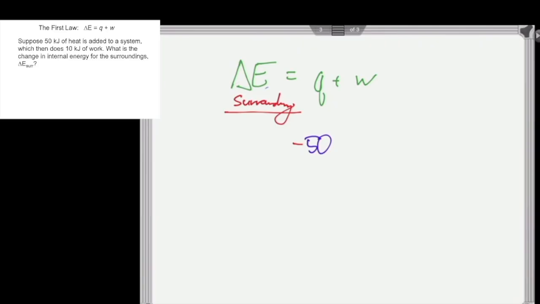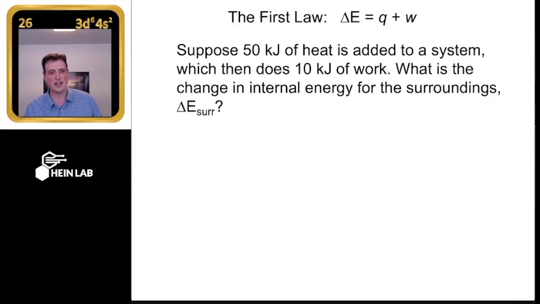And then the system turns around and does 10 kilojoules of work. The system is going to do work on the surroundings. It's going to pick up 10 kilojoules. So overall, with respect to delta E surroundings, negative 40. Okay, so two things. Which is the value? Which is heat? Which is work? Second, what are their signs with respect to whatever you're deciding to measure? In this case, you were measuring from the perspective of the surroundings.